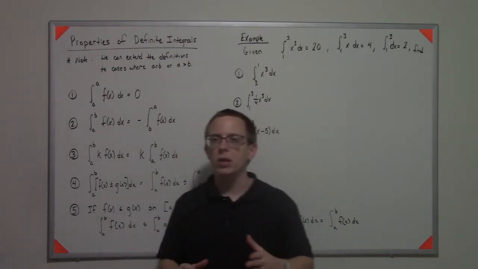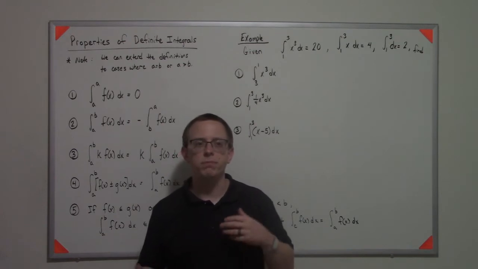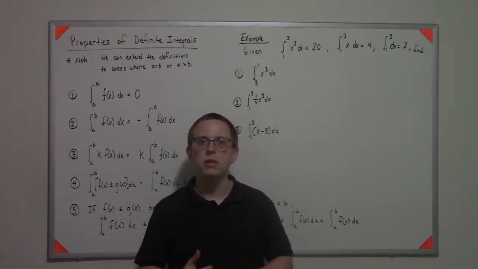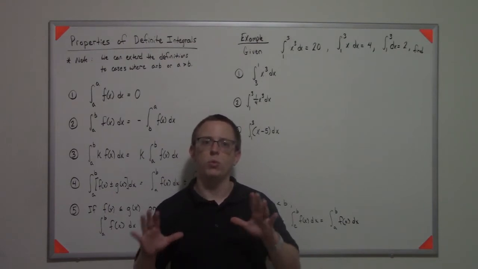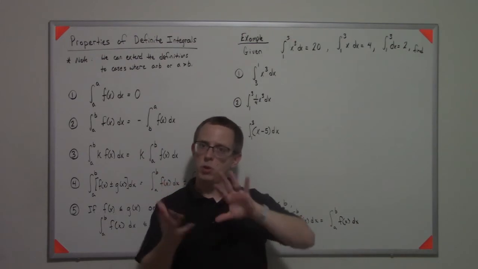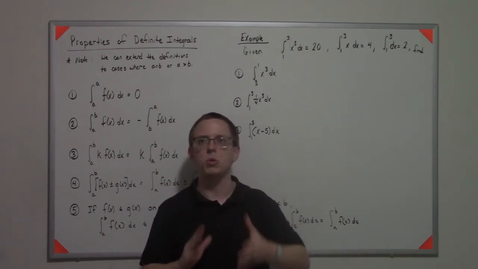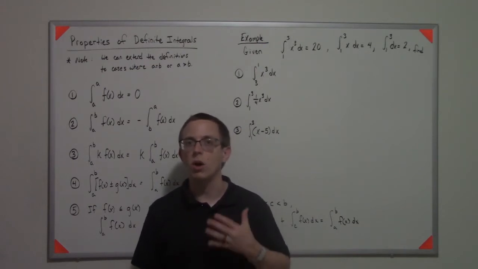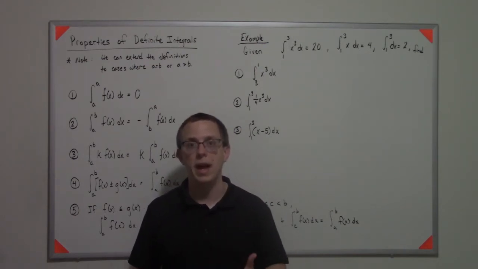Those are all valid things to do, and there's a little bit of hand waving that happens underneath that has to do with the way the Riemann sum gets permuted. It's not so big of a deal, so for practical purposes we're not going to go deep into why that happens.